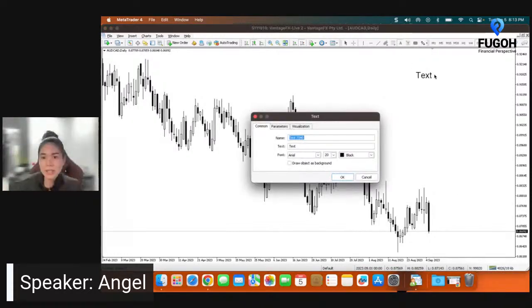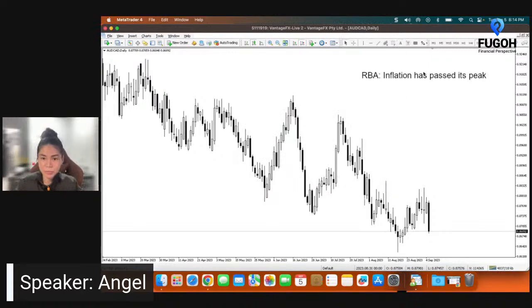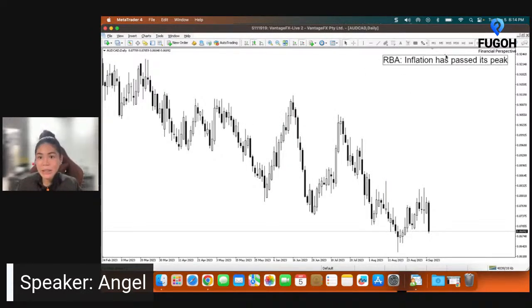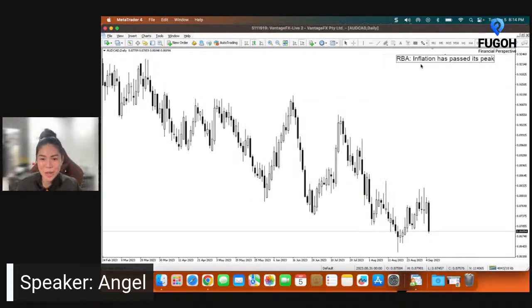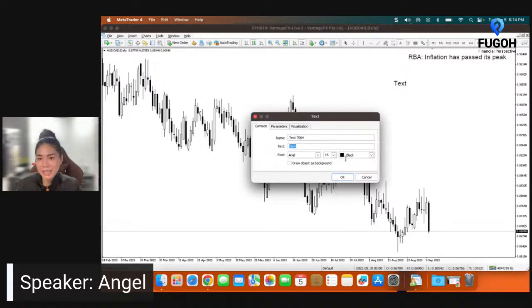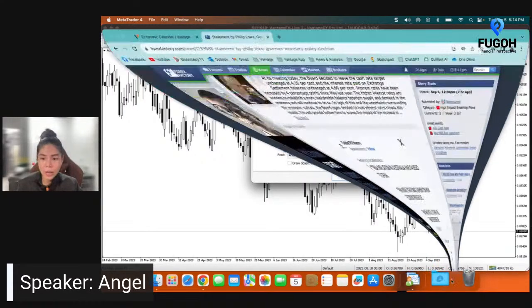So let me just put here some notes. RBA, inflation, as fast it's weak. Below trend growth. Economy below trend economy growth. Not everybody does this, but I do. So that's why I'm showing it to you now. I like to put notes here exactly where my chart is, so I know what's happening fundamentally.